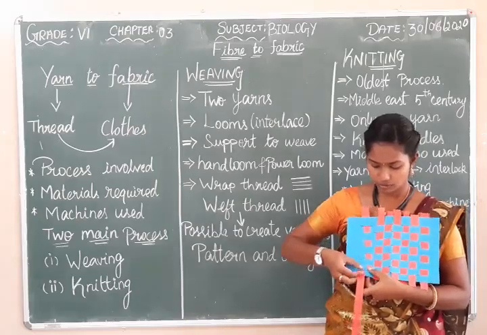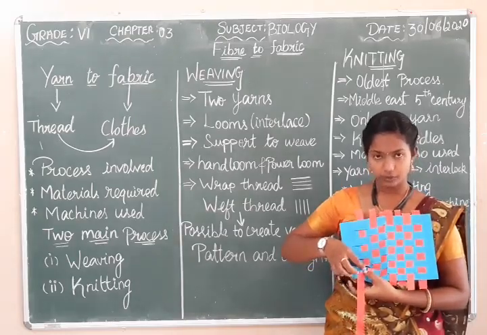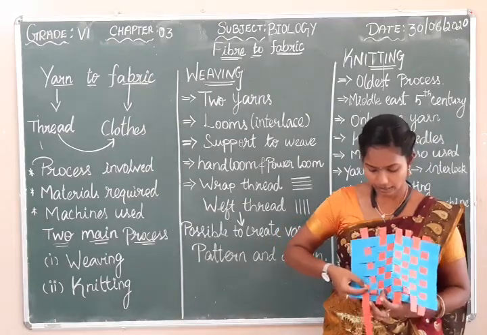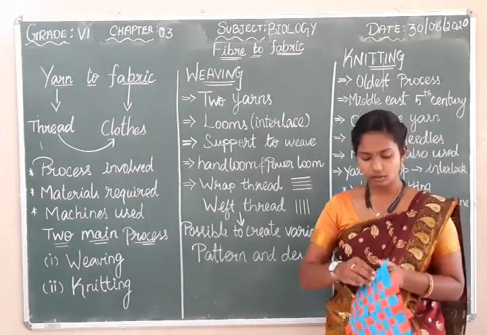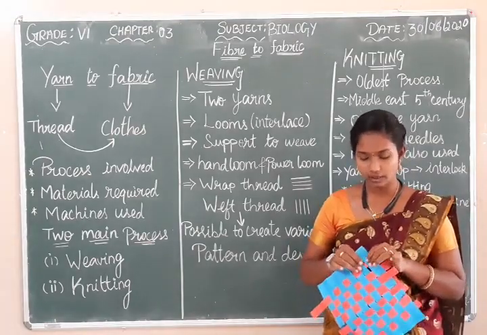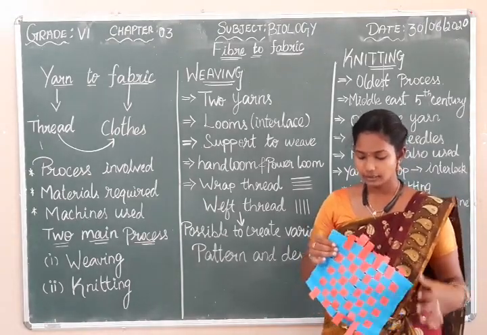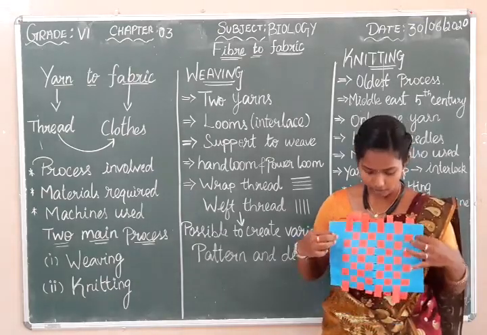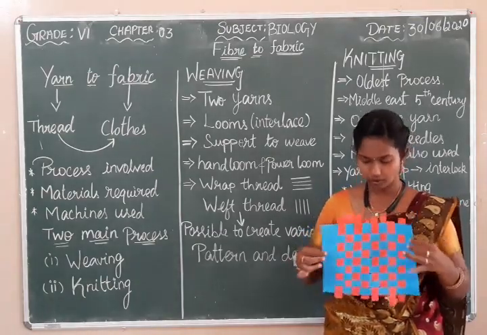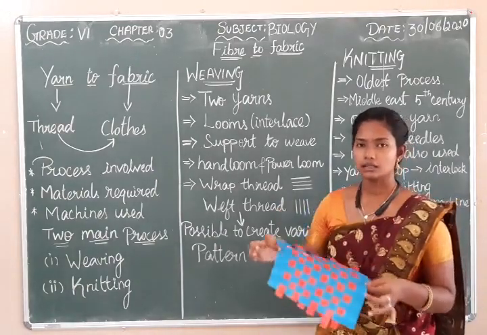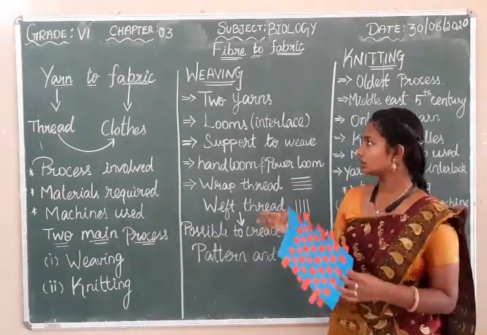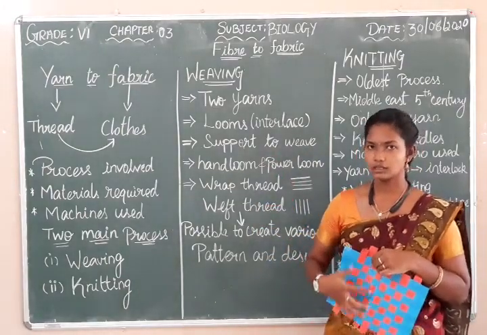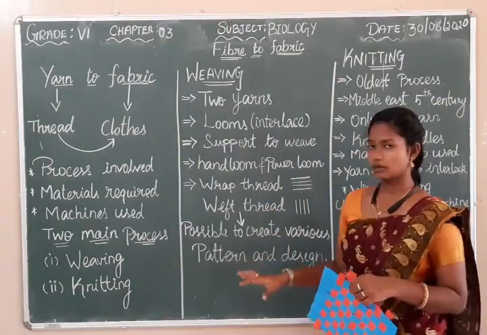Likewise you have to start to interlace the yarn: under and over, and next it is under. If you do this continuously, over, under and over, finally a fabric is ready by the weaving process. This is the same process used in weaving, the interlace of two different yarns. This is the weaving process.